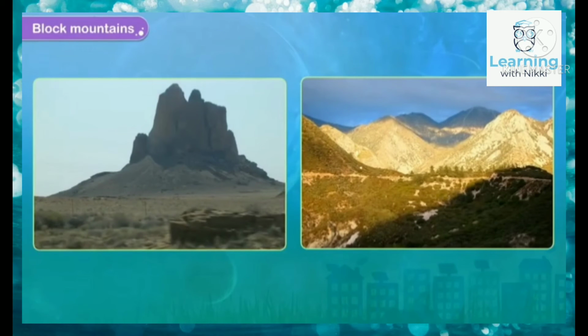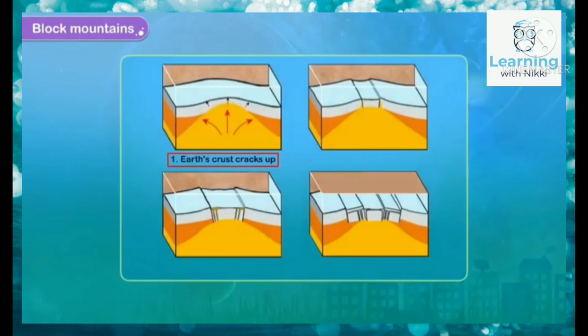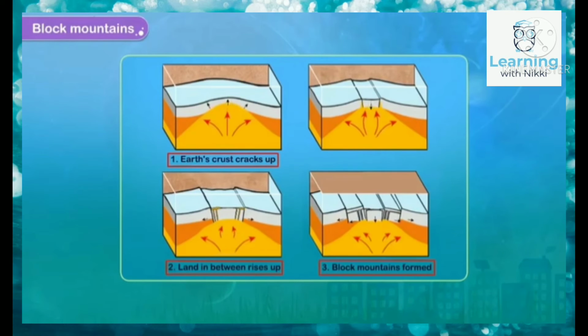Now block mountains. Like volcanic mountains, block mountains too are the result of geological activity going on inside the earth. When the earth's crust cracks up due to such activities, the land in between rises up, thus forming block mountains.